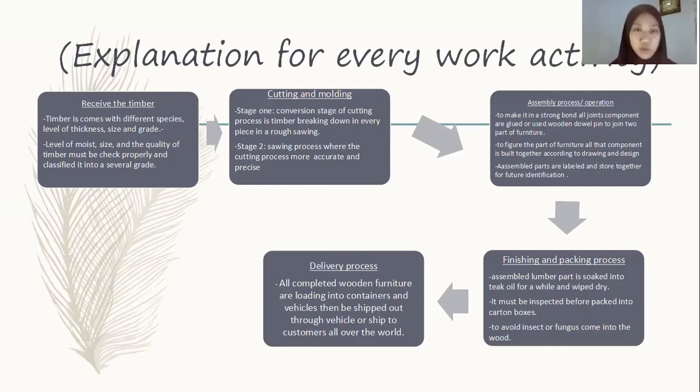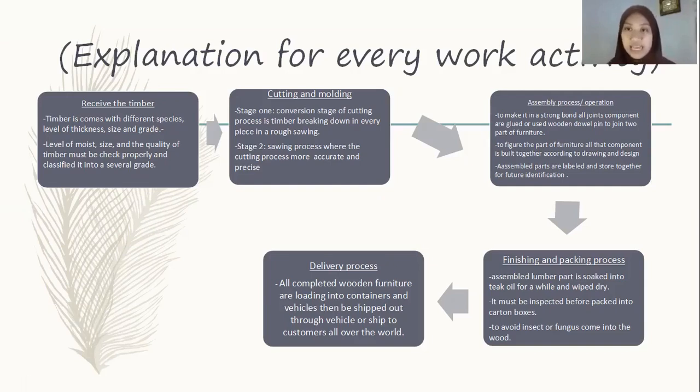there are two stages. The first stage is the conversion stage of the cutting process, where timber is broken down into pieces by rough sawing. Stage 2 is the sawing process, where the cutting is more accurate and precise. The third process is the assembly operation.